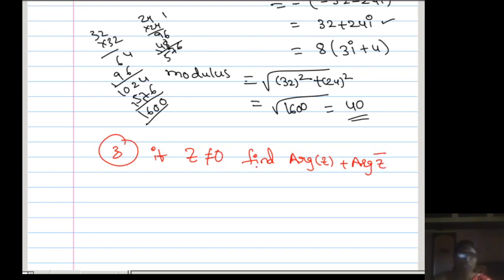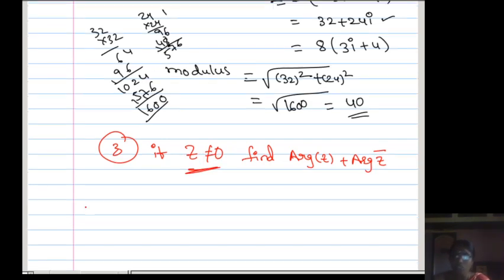For a non-zero complex number, it may be a positive number, negative number, any number, but non-zero. We mentioned that z not equal to 0 means non-zero complex number. In that case, what is the argument of z plus the argument of z bar? See, what is the meaning of z bar? Z bar is nothing but the conjugate of z.